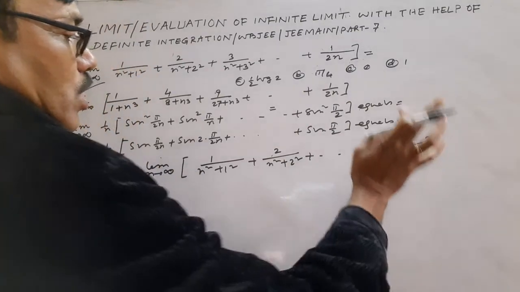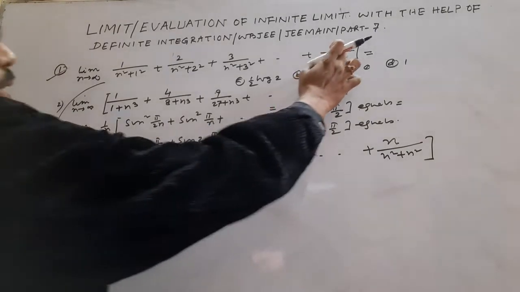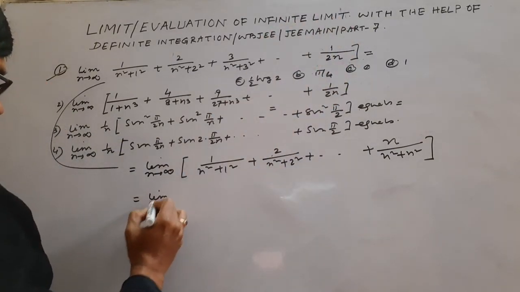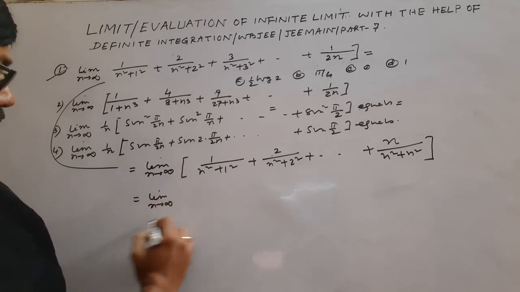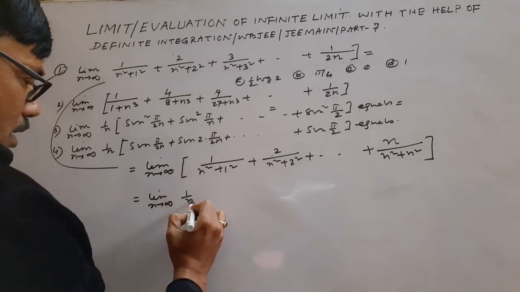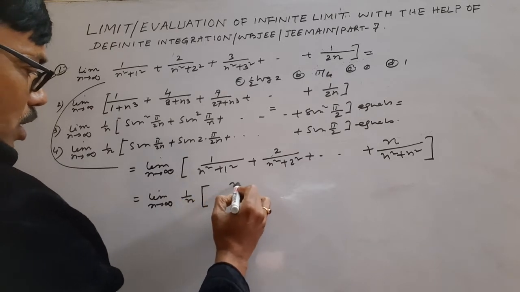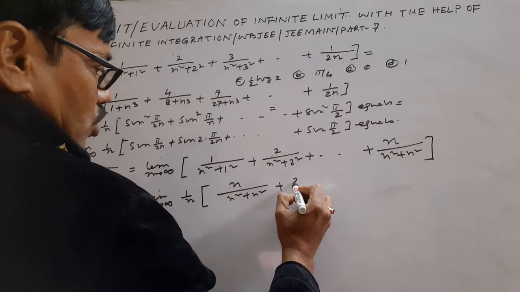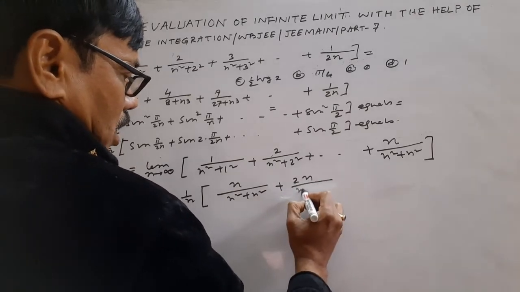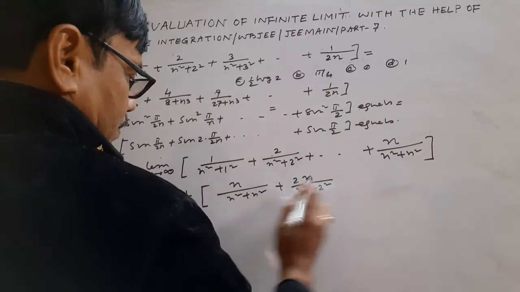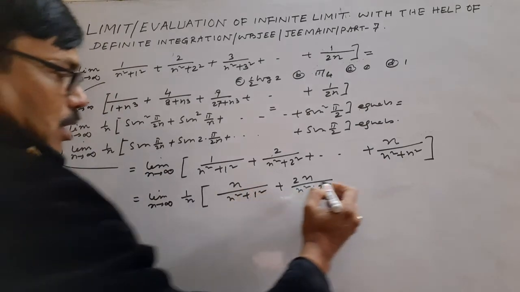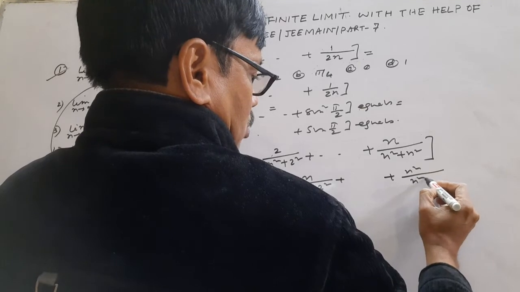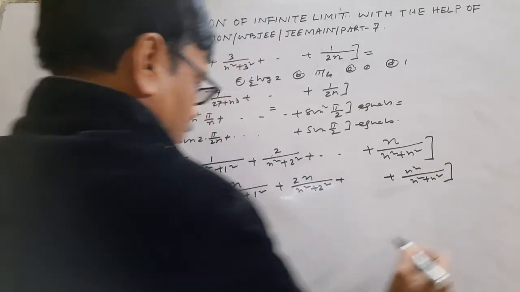So n by 2n square, so this is 1 by 2n. So then limit n tends to infinity, 1 by n. To get the formula, we need 1 by n. So make it balance: 2n by n square plus 2 square, n square by n square plus n square.